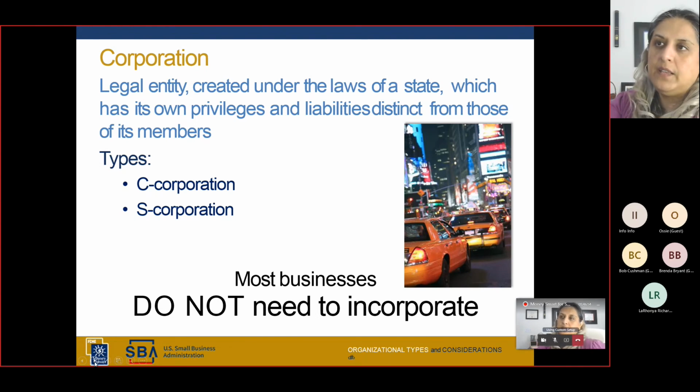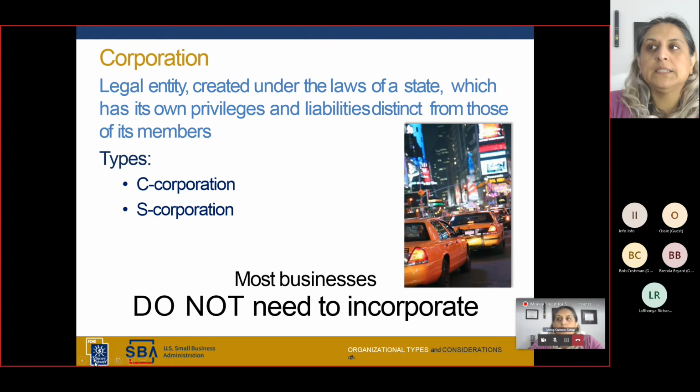Now, the expense to form it. Corporations are more complex entities to create. They have more legal and accounting requirements and are more complex to operate than sole proprietorships, partnerships, or LLCs.